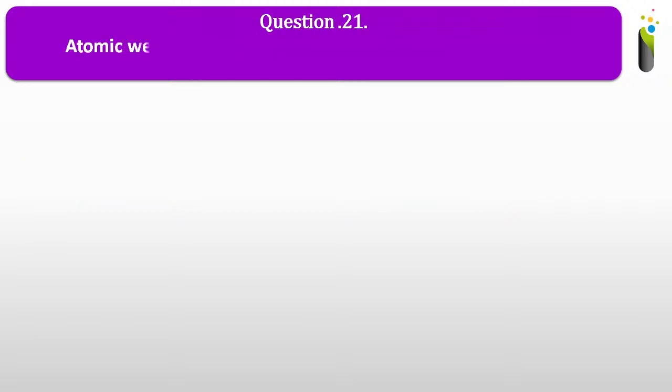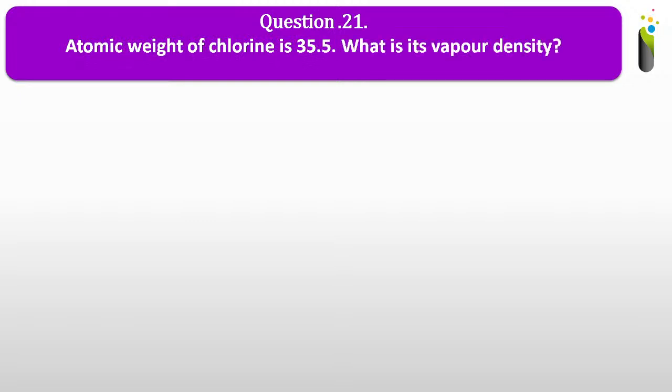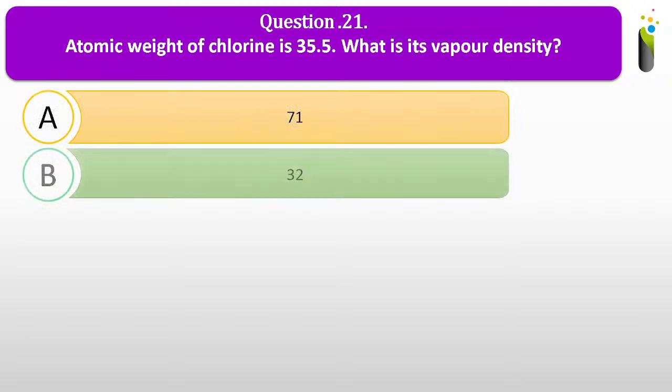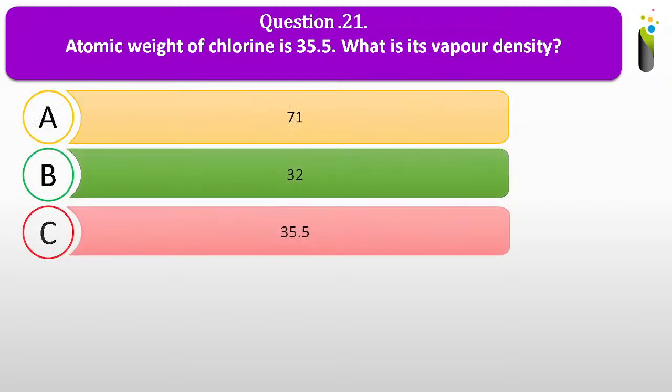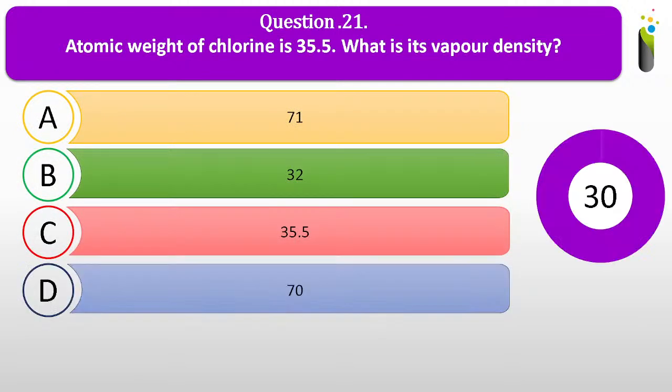Coming to the next, that is question number 21. Atomic weight of chlorine is 35.5. What is its vapor density? A. 71, B. 32, C. 35.5, D. 70. So the atomic weight of chlorine is 35.5. What is its vapor density?